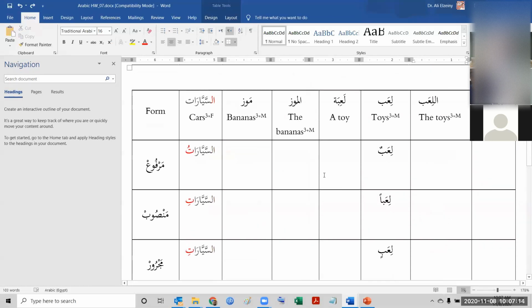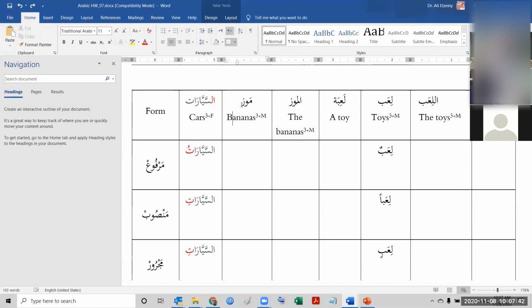All right. Now, mows is an irregular plural. To show that it's plural, I put 3 plus male. 3 plus male means 3 or more, plural. But this doesn't look like it ends with waw, noon, ya, noon, or alif, ta.